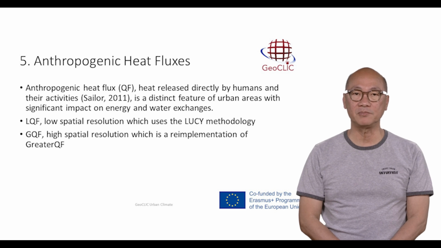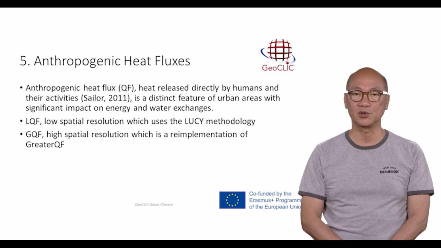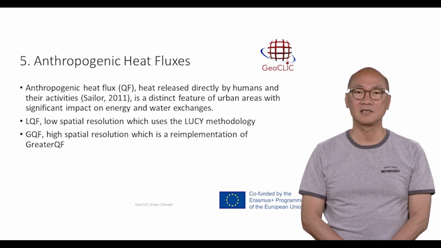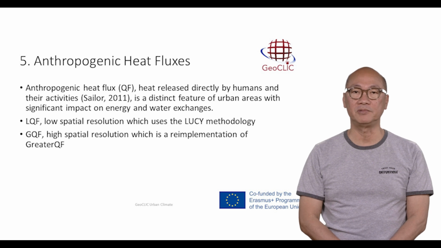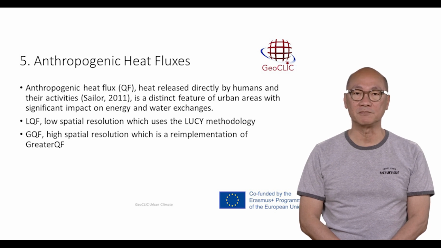It provides simple estimates at low spatial resolution. The second method is a re-implementation of the method described in Nimerino's 2011 paper. It produces high-resolution estimates with greater insights into specific types of energy use.